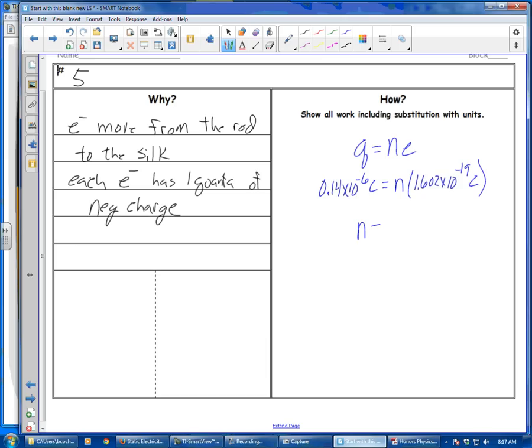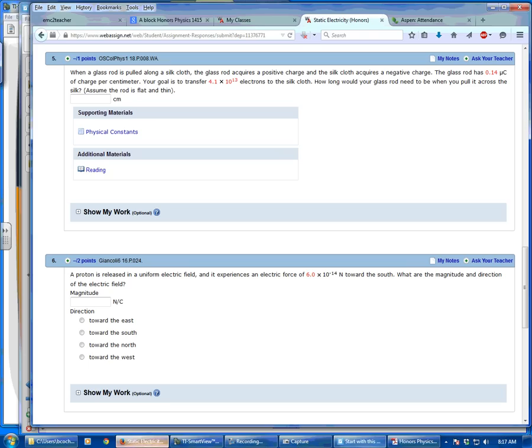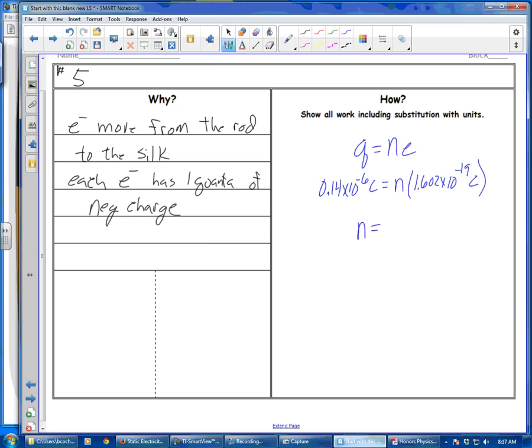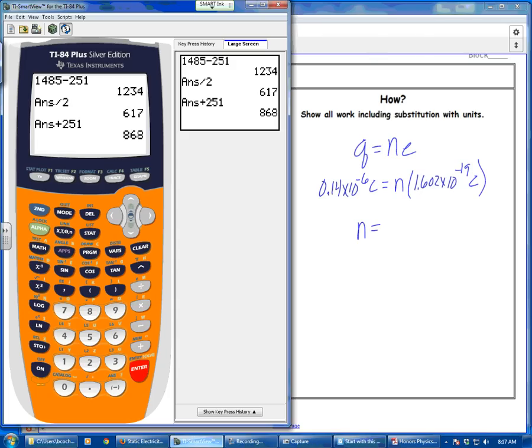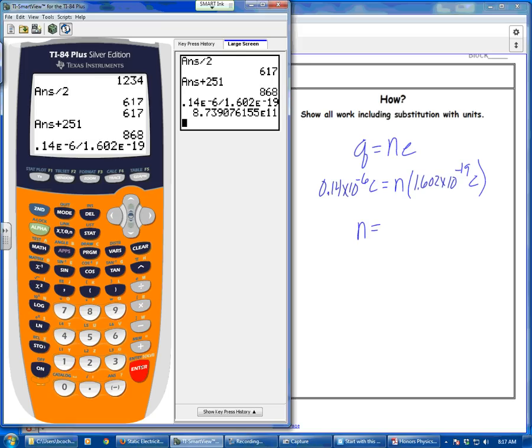So to make a charge of 0.14 microcoulombs, I would do 0.14 E minus 6 divided by 1.602 E minus 19th. That's another good number to store in your calculator.